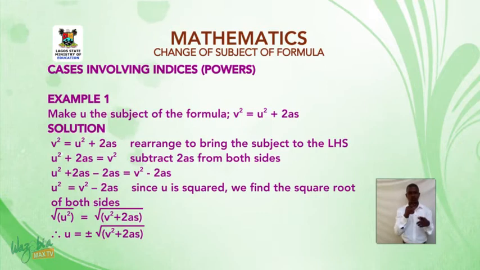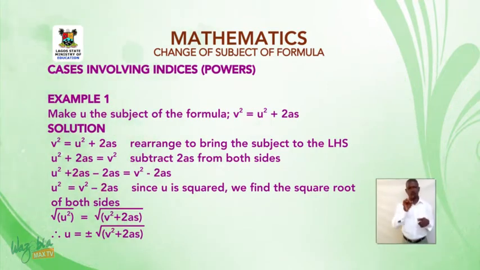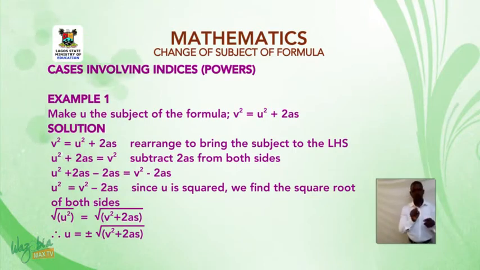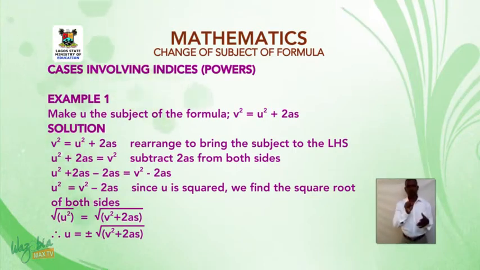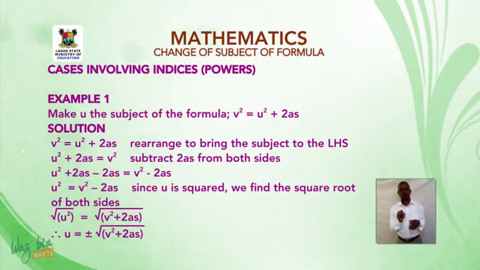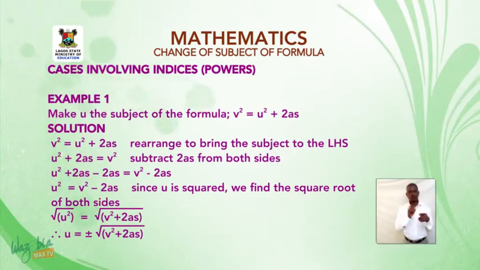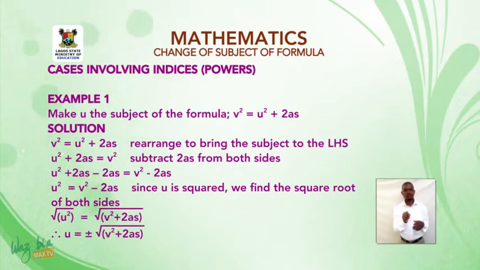Subtract 2as from both sides. u square plus 2as minus 2as is equal to v square minus 2as. u square is equal to v square minus 2as.